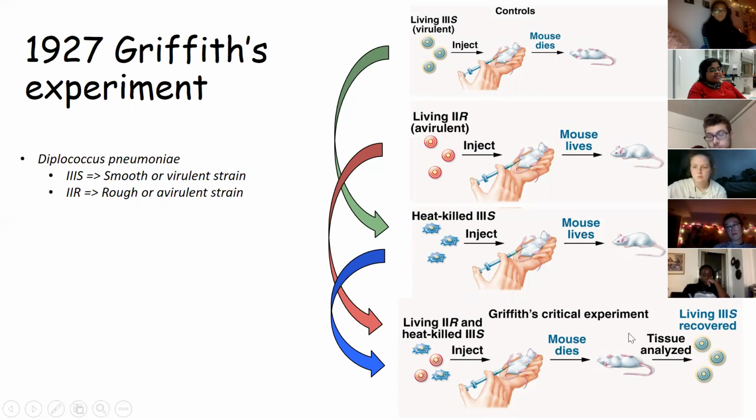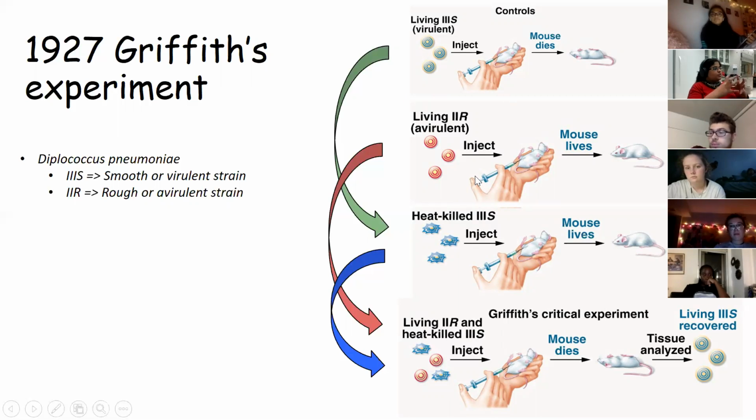And when they analyzed the tissue, they saw living S strains. And they were like, what? What's going on here? That shouldn't be right. Maybe something in the S strain is transforming the avirulent cells. So they were like, okay.